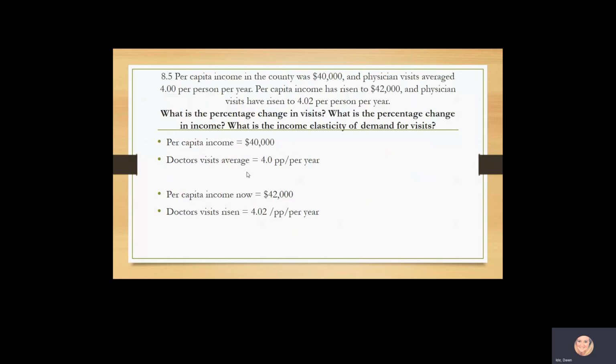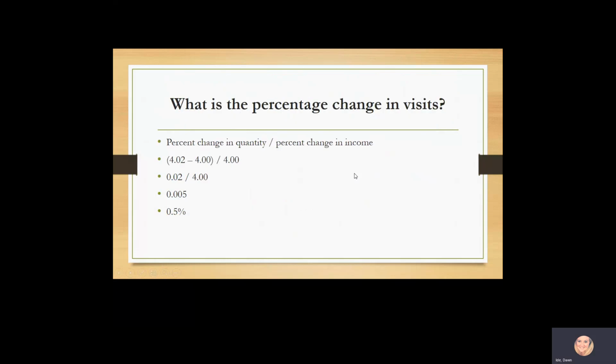The first question, what is the percentage change in visits? Okay. So in order to figure out what the percentage change in visits was, we need to first do our equation.